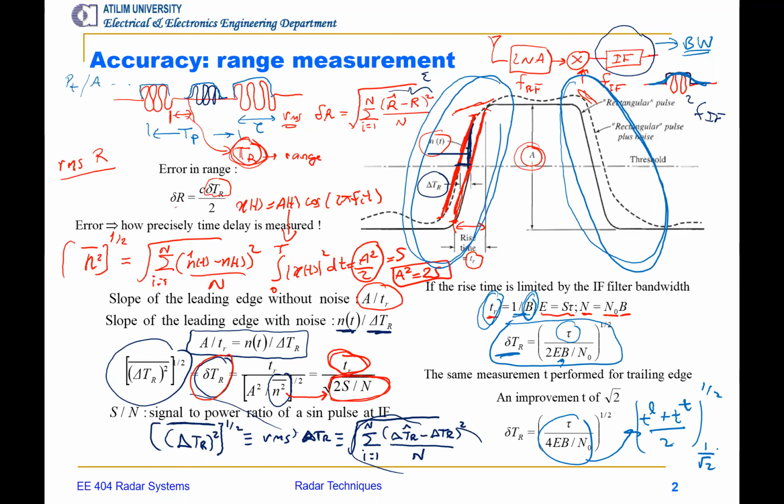So we simply reduce the RMS error by using the errors we measure for the leading edge as well as the trailing edge.